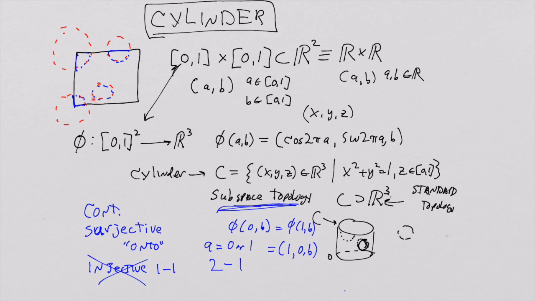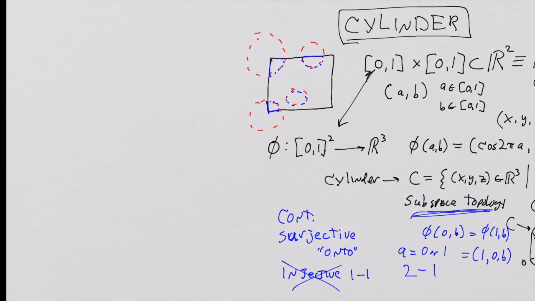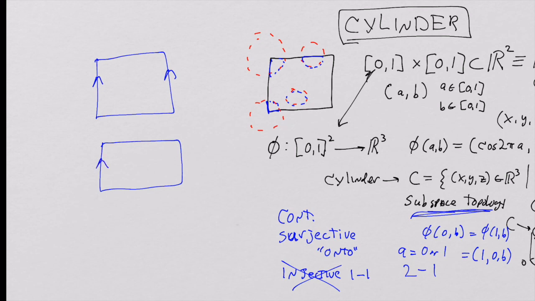And now we can play around with the square in multiple ways. In this case, we took this side and made an equivalence relationship with that side, and we left the top and the bottom alone. But every possible combination exists out there.